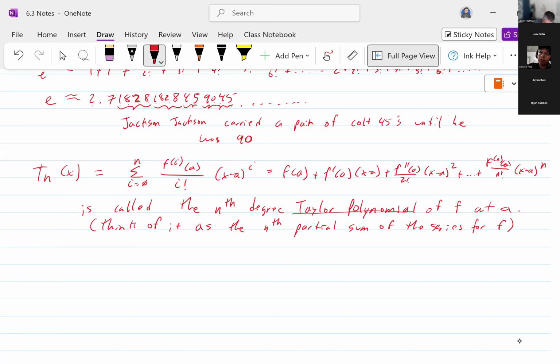So we can get, oh, I have the 10th degree Taylor polynomial of e. And that would give me a certain approximation of e. It's never going to be exact, but it's going to be a better and better approximation. The higher the degree of my polynomial, the better an approximation I get.